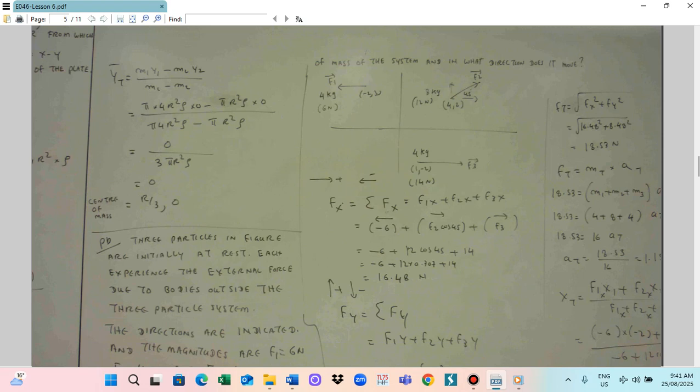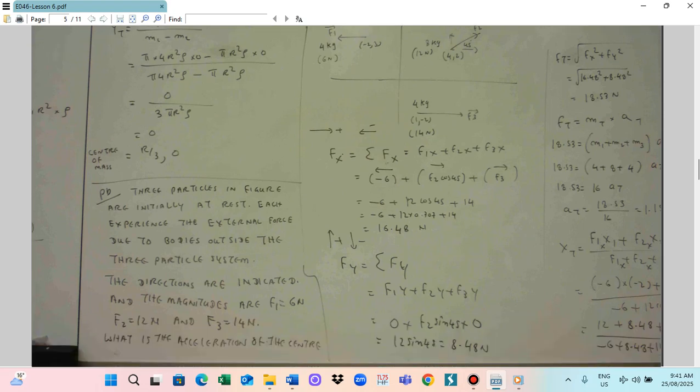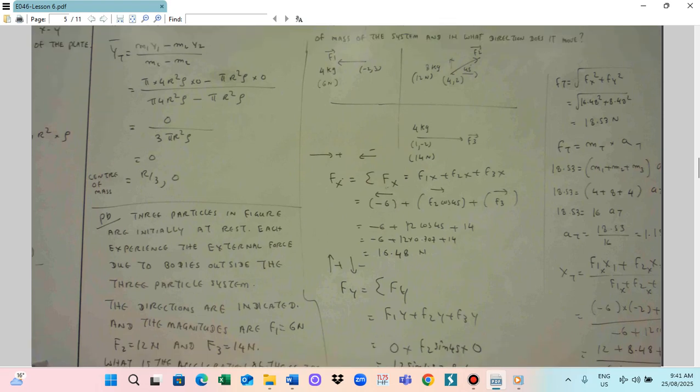So Y1 is 0, minus pi into r square into rho into 0, divided by pi into 4r square into rho minus pi into r square into rho. So the numerator is 0 and the denominator is 3 pi r square into rho. So this is also 0. So the center of gravity is located at r by 3 and 0. So this is the center of gravity, center of mass.